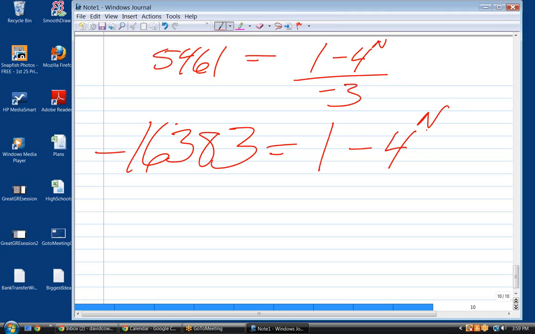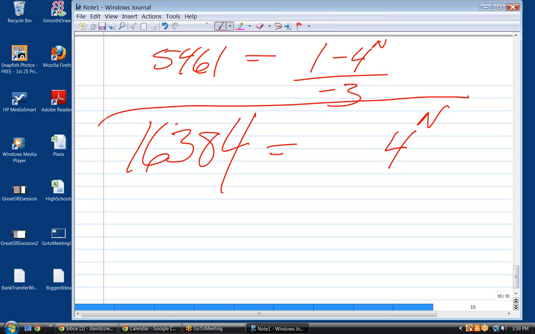What next? Subtract each side by 1. And then first divide both sides by -1.